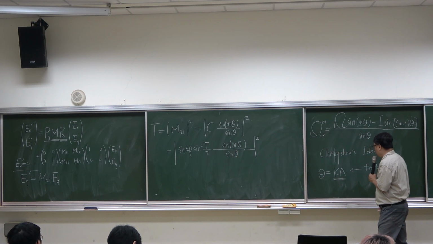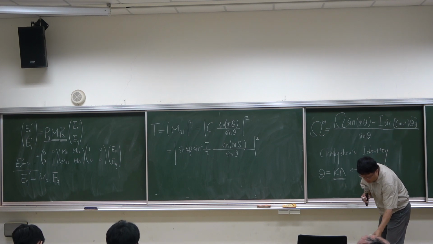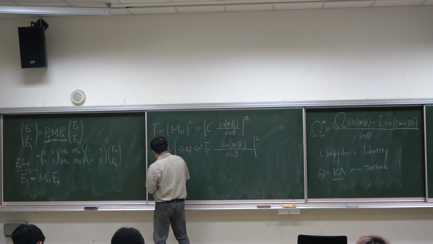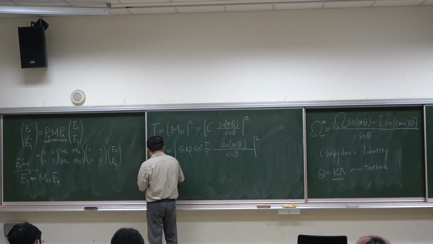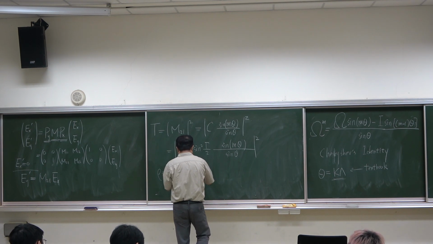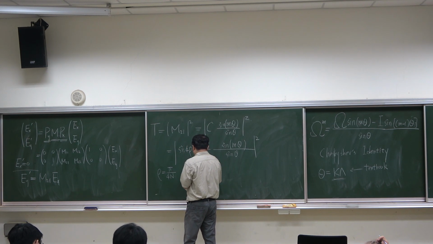So now we see what happens if we consider rho equal to pi over 4n and gamma equal to pi.